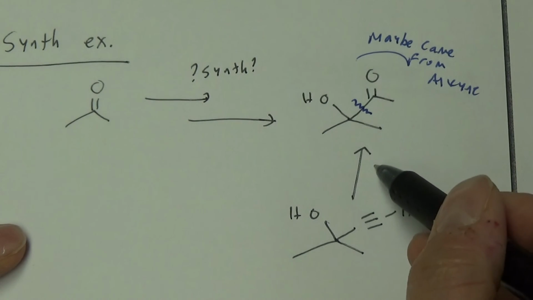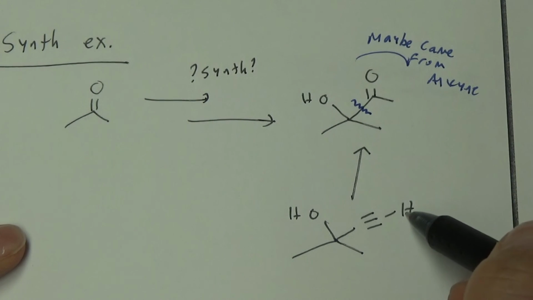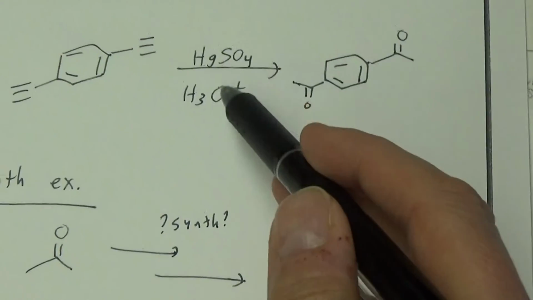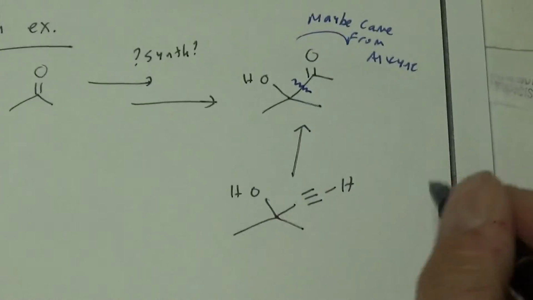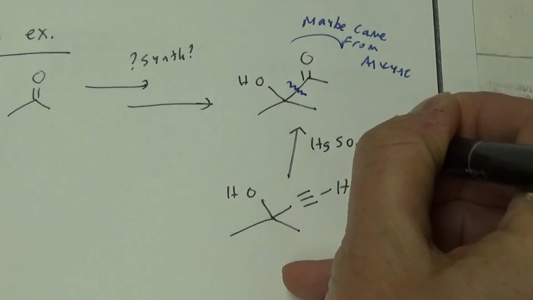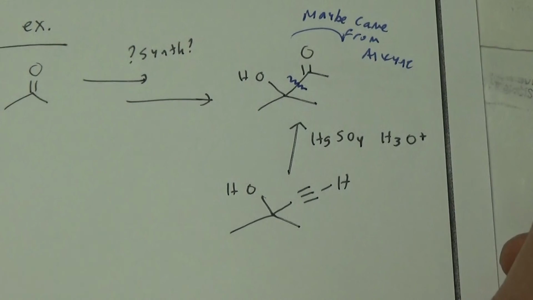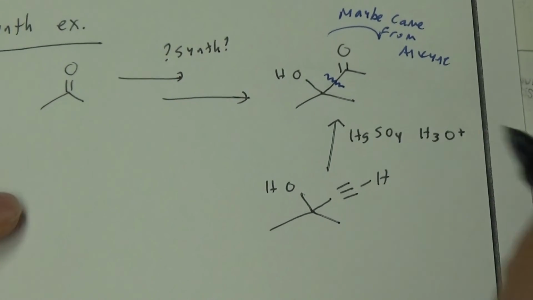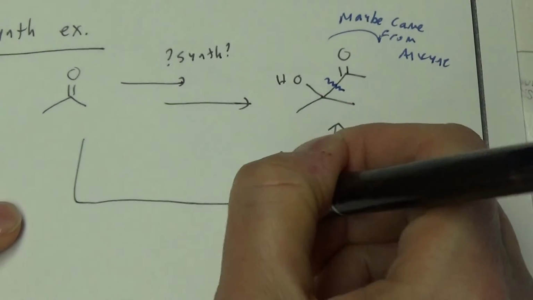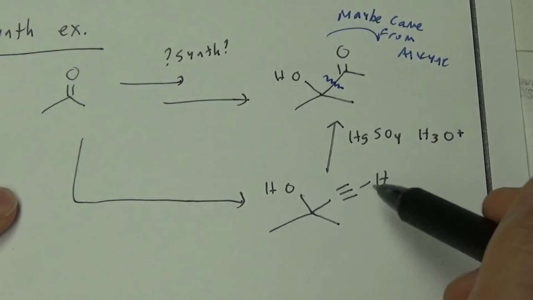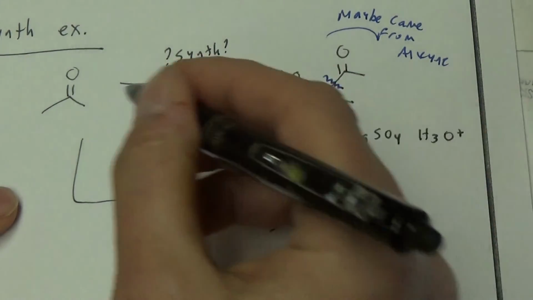What are the reagents for the transformation of an alkyne to a ketone? HgSO4, H3O+. Okay. And how do we attach a 2-carbon alkyne type piece to a ketone?